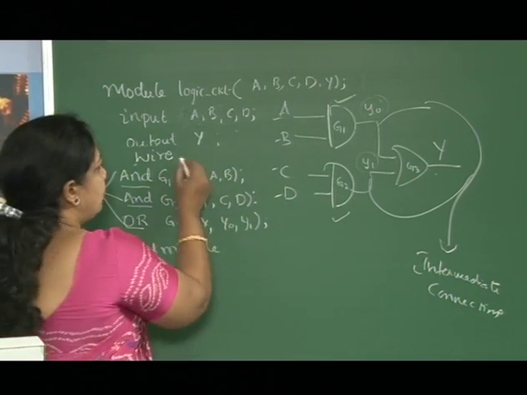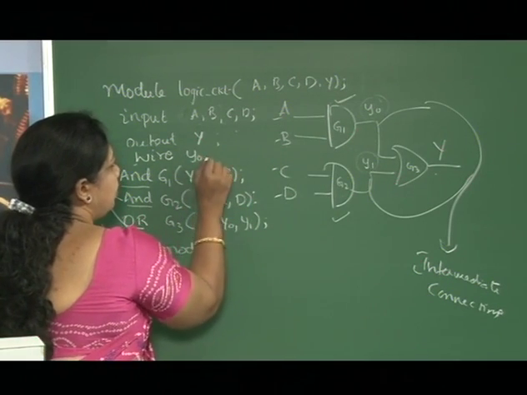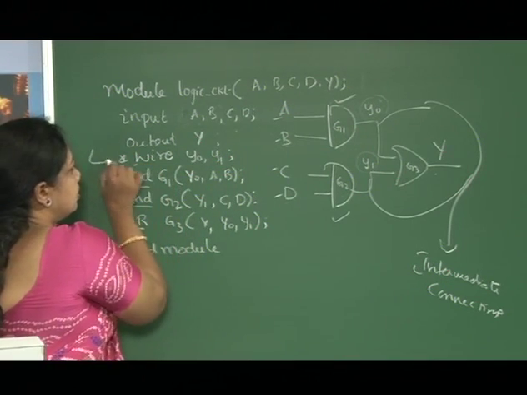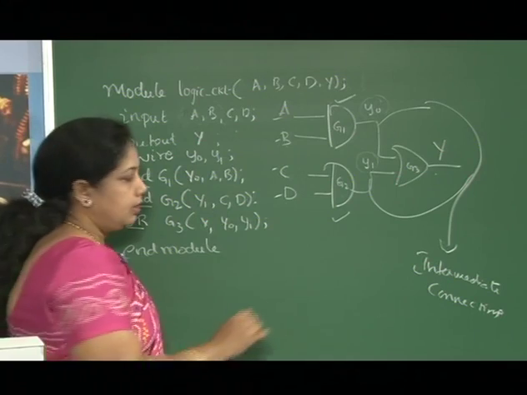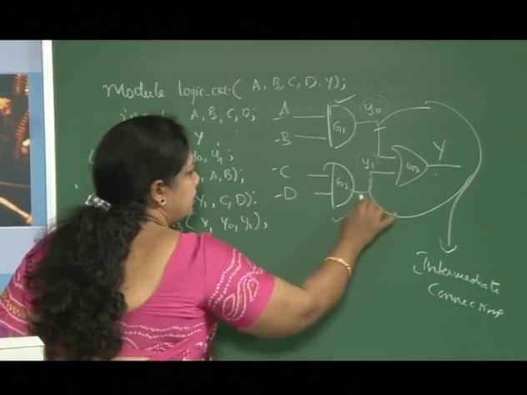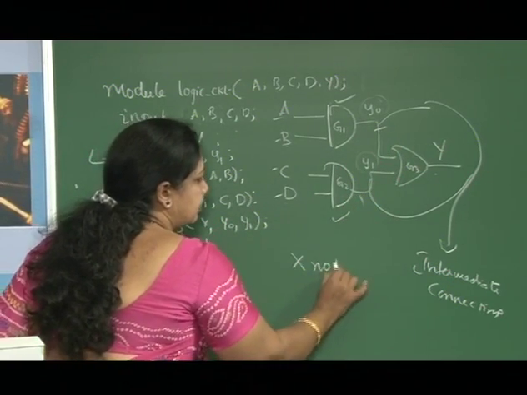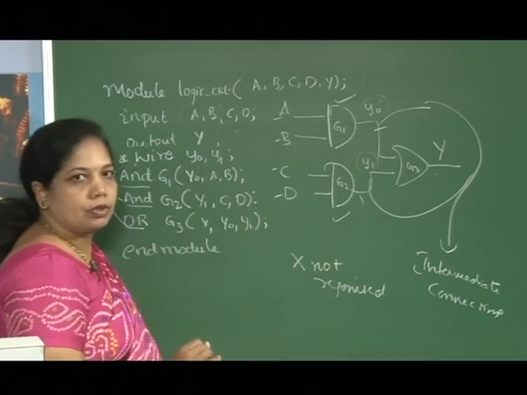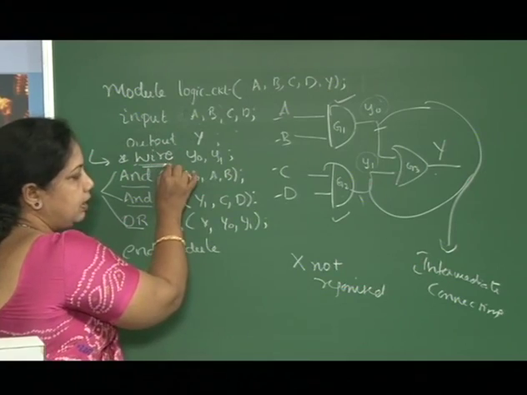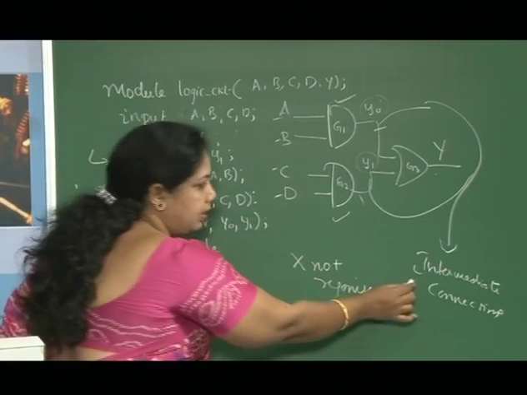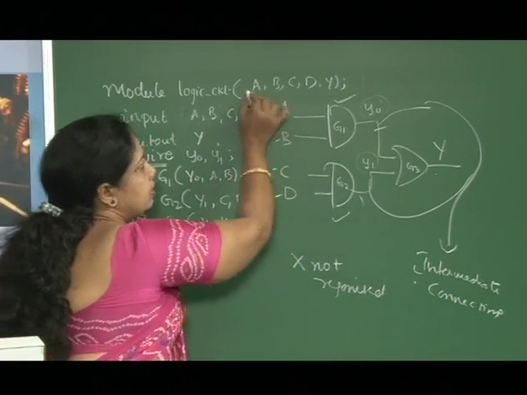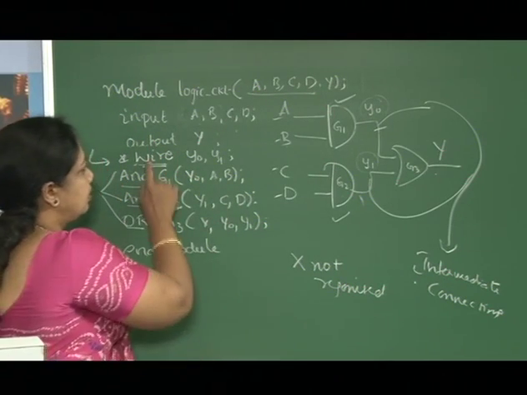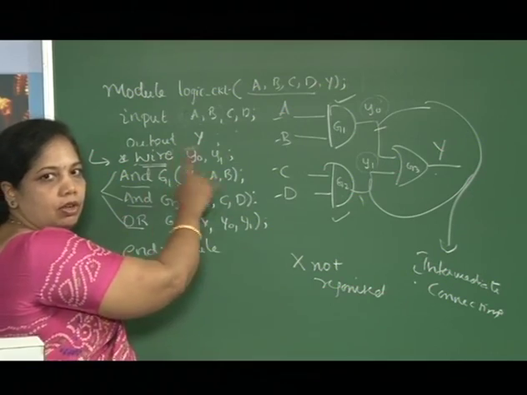So for this wire I can give Y0, Y1. If I am not using this line, definitely these 2 lines are not recognized. So you need to declare the wire, which is an intermediate connection not declared in the port list. So wire is a keyword for connections.